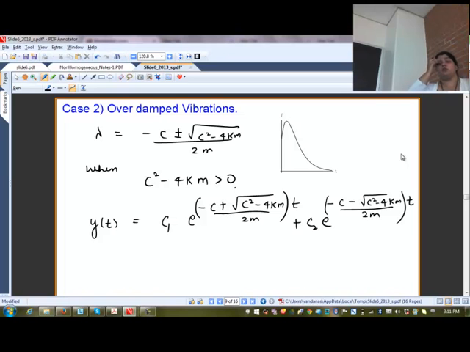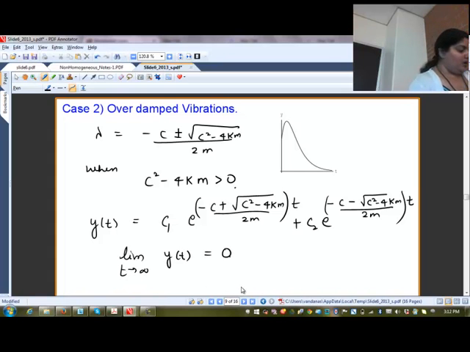So it eventually decreases, but because of this exponential behavior, it will not show you oscillation here. Displacement will not become positive, negative randomly. Displacement remains positive because the exponential function is always positive. So y remains positive here, and as time approaches infinity, it definitely dies out. It goes to 0.